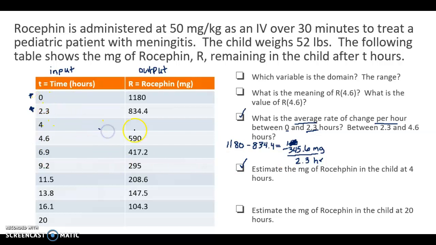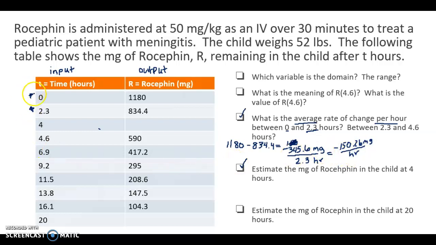So now I want to do this division on my calculator, and I find out that on average, the child is dropping 150.26 milligrams of Rocephin every single hour.